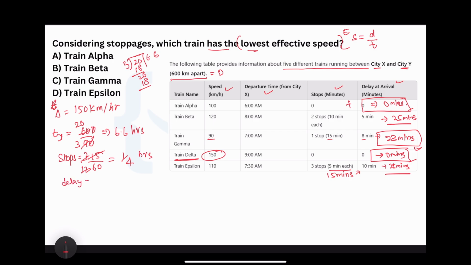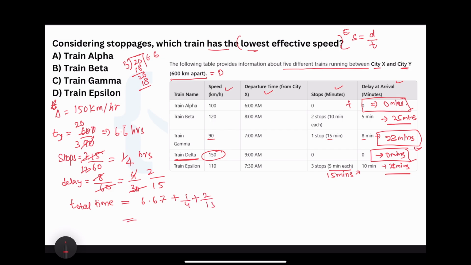So the delay is also being calculated. So 8 by 60, dividing by 4, gives 2 by 15. That is the delay time. So your total time would be around 6.6, so let's round it up to 6.67 plus 1 by 4 plus 2 by 15.